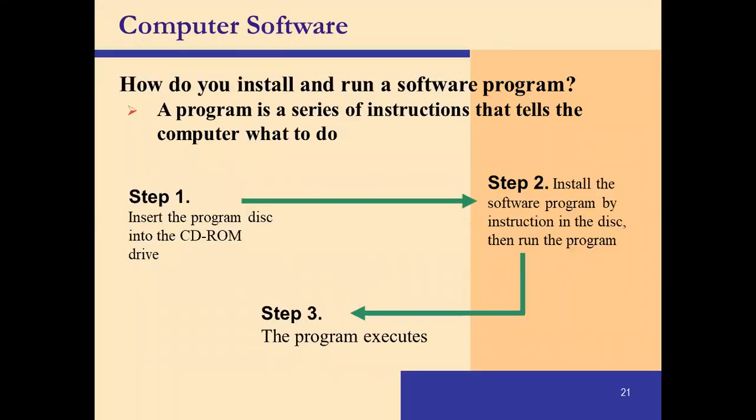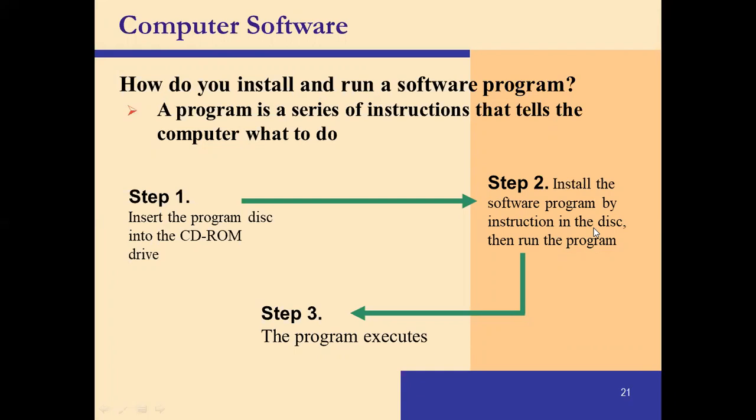Okay, now here we study how we install a program. Before the internet, we used CD-ROMs that we inserted inside the CD-ROM drive to install a program. It was a program disk, and step 2 was to install the software program by the instructions in the disk.